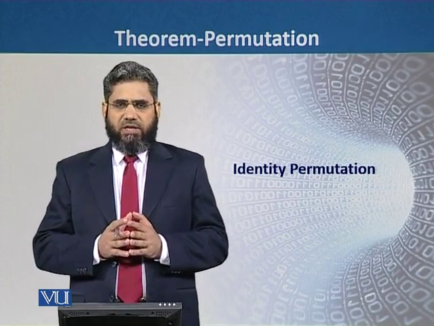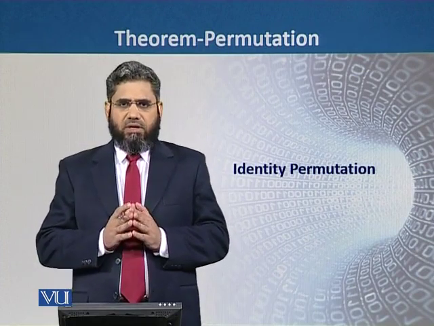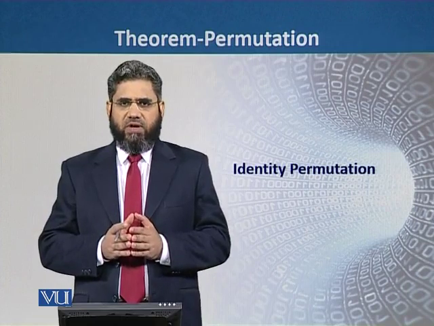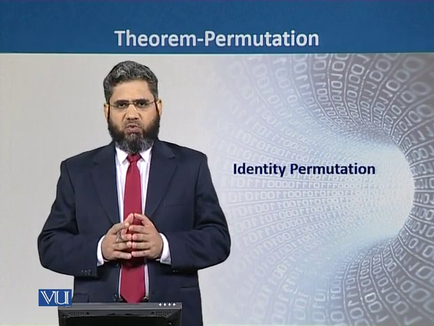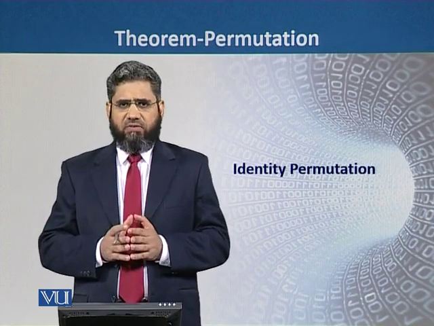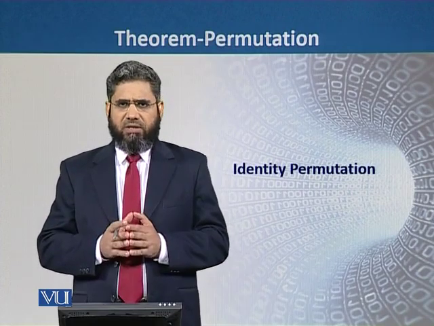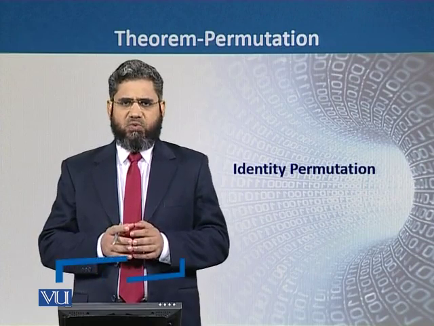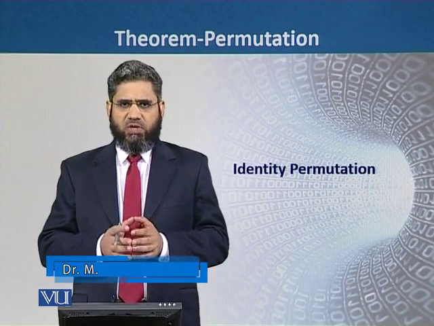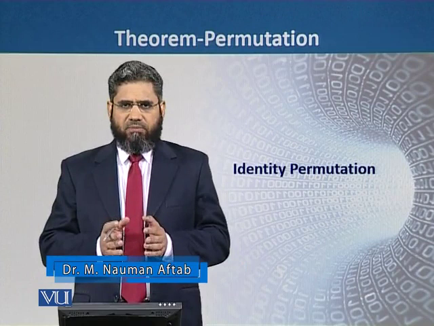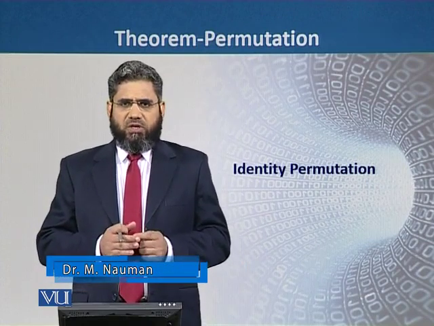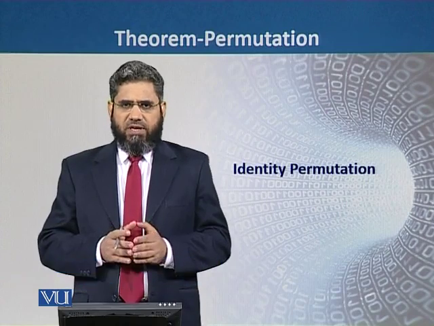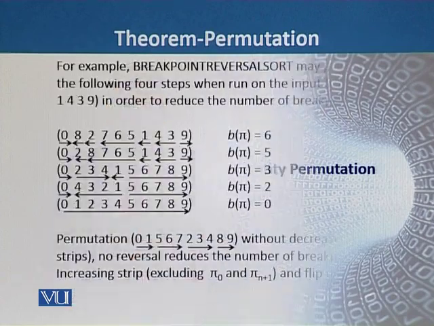So by identifying the smallest k value, then we can calculate the k minus 1 values. We have seen the k value as 3, and then we can calculate k minus 1, which means 3 minus 1 is equal to 2. Then between 3 and 2 we can reverse the order of all the elements present in between 2 and 3.